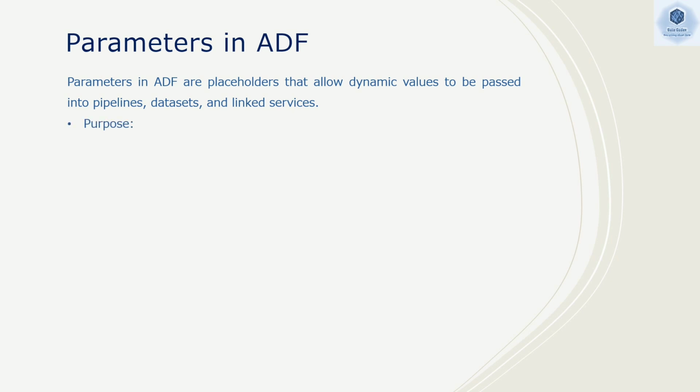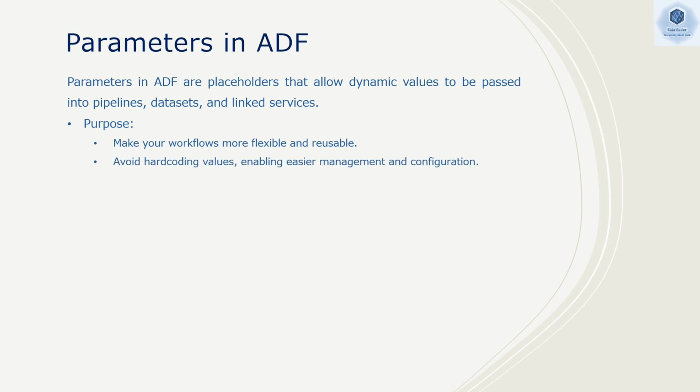So what is the purpose of creating a parameter in Azure Data Factory? We can make the flow flexible and reusable. So you don't need to create multiple pipelines, datasets, or linked services. You can just create a single dynamic dataset using this parameterization.